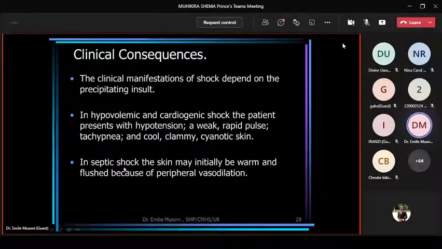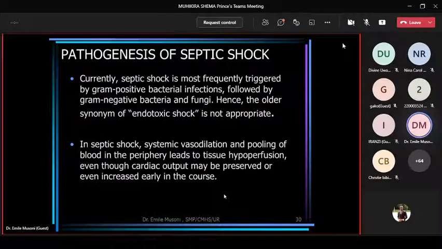In septic shock, the skin may initially be warm and flushed because of peripheral vasodilation. Septic shock is most frequently triggered by gram-positive bacteria, followed by gram-negative bacteria and fungi. Normally they say it is endotoxic shock.